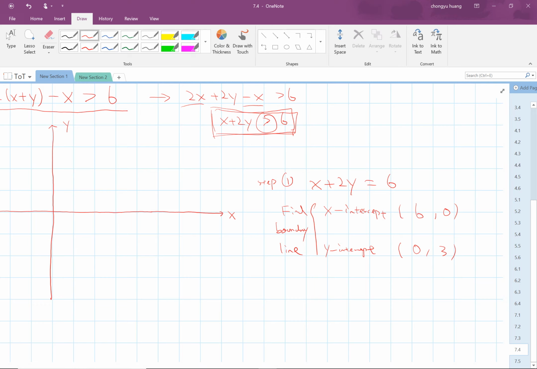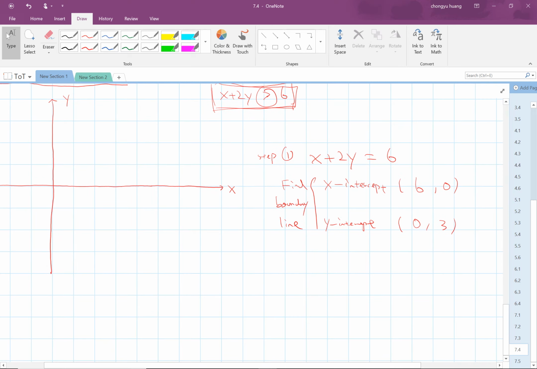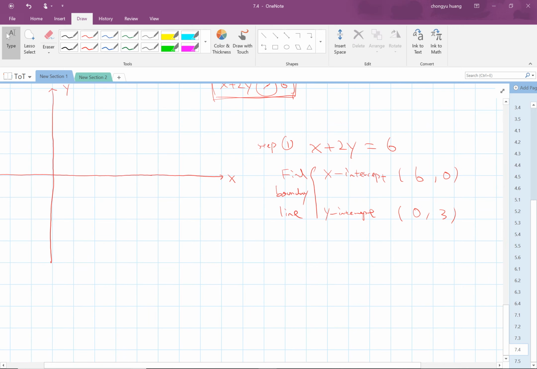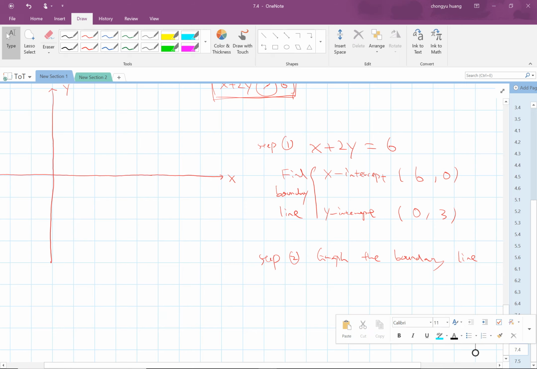Now we are ready for the next step, which is to graph the boundary line.